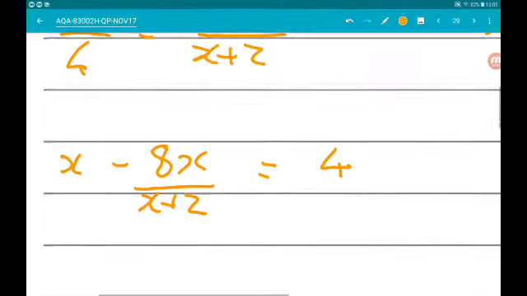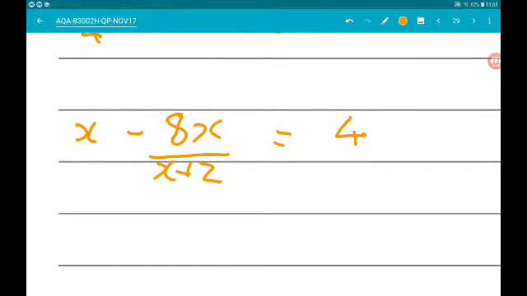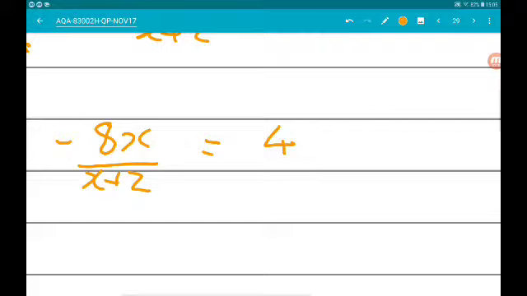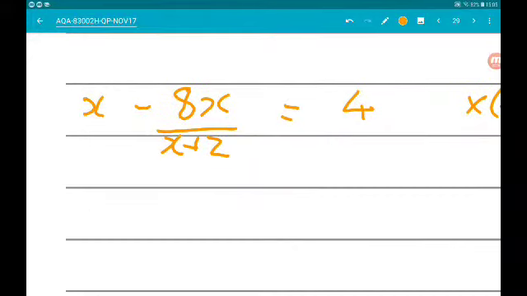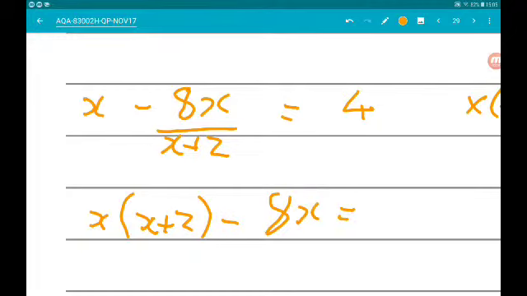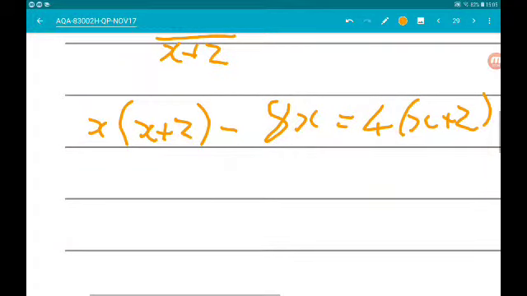Okay, then I'm going to multiply through by x add 2. So that's going to give us x times x add 2 minus 8x is equal to 4 lots of x add 2. So, we got rid of the fractions, it looks nicer. Now expand the brackets.